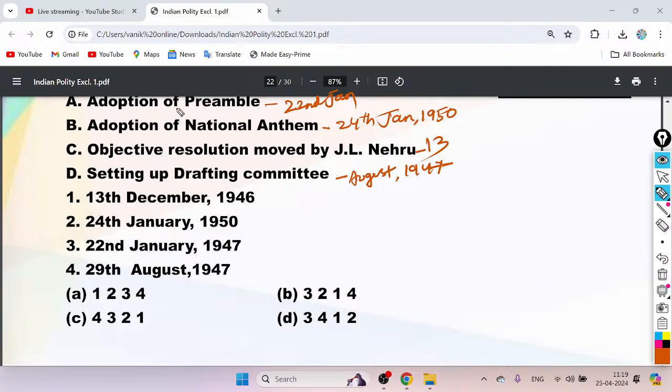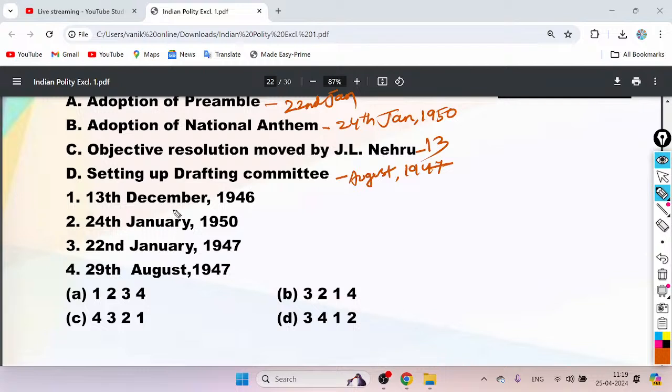The adoption of preamble is 3. Objective resolution 1. Adoption of preamble is 22nd January 1947.